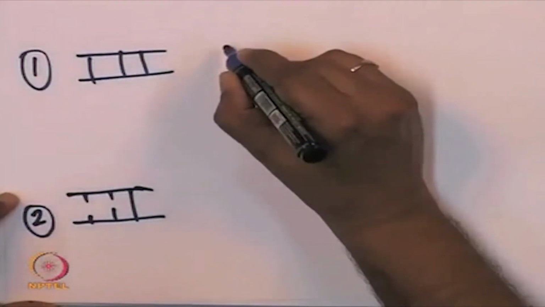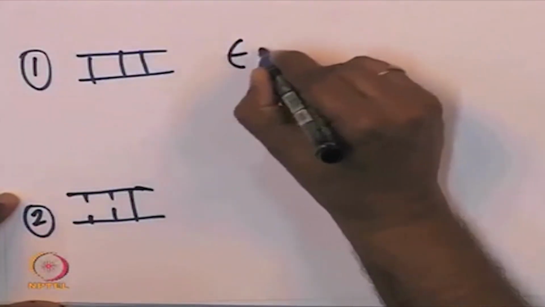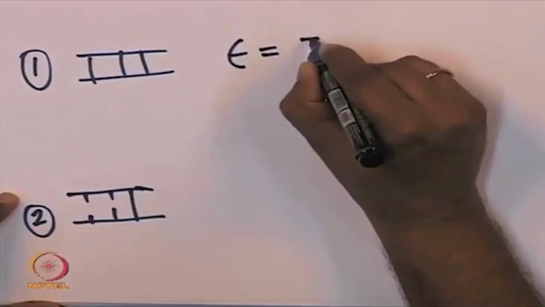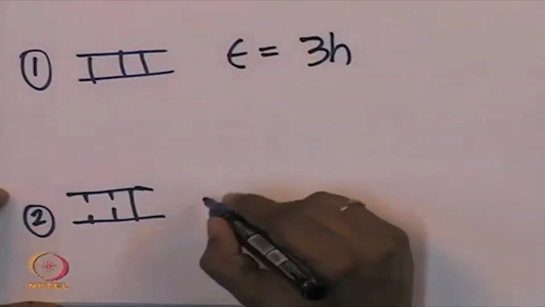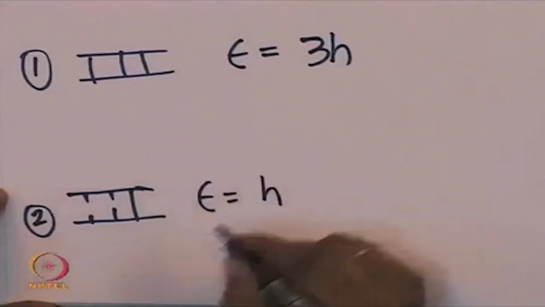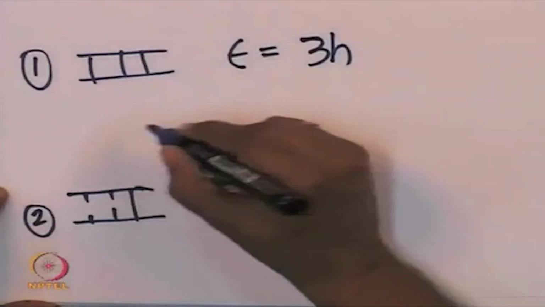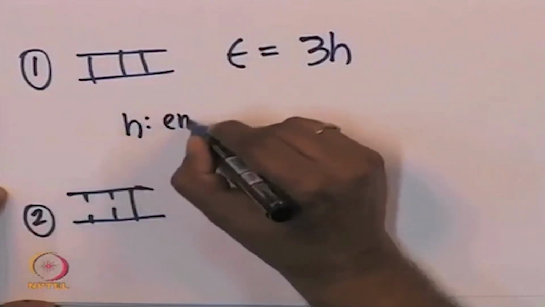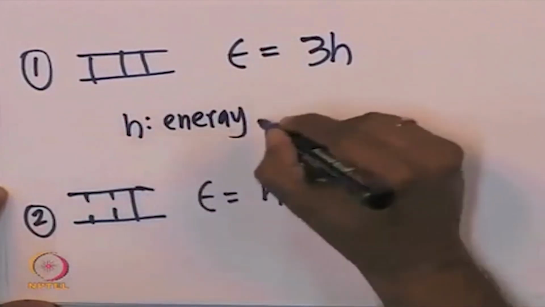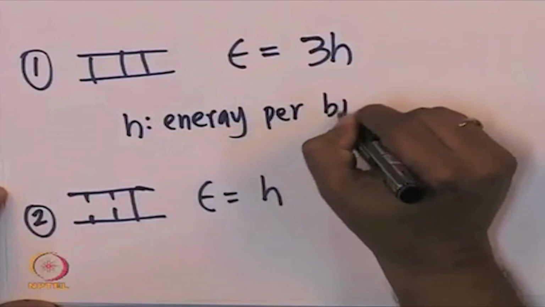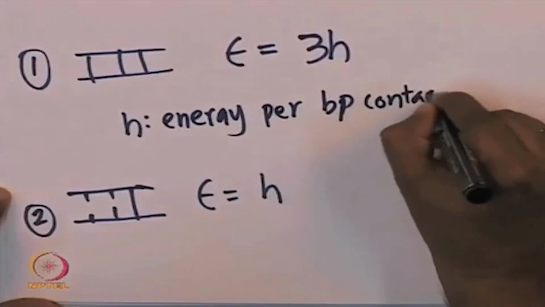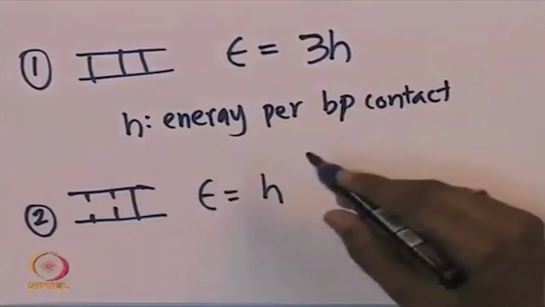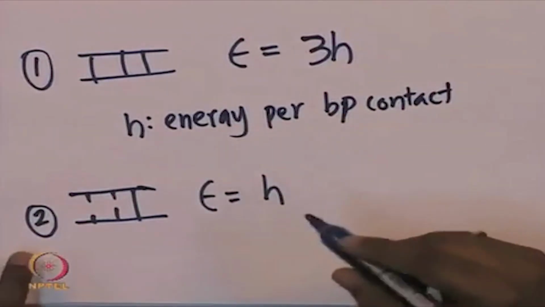And we found that this is an energy 3 H, and this is an energy H, because H is basically energy per base pair contact. If the contact is one base pair, this is 1 H. Now, we have to calculate entropy.